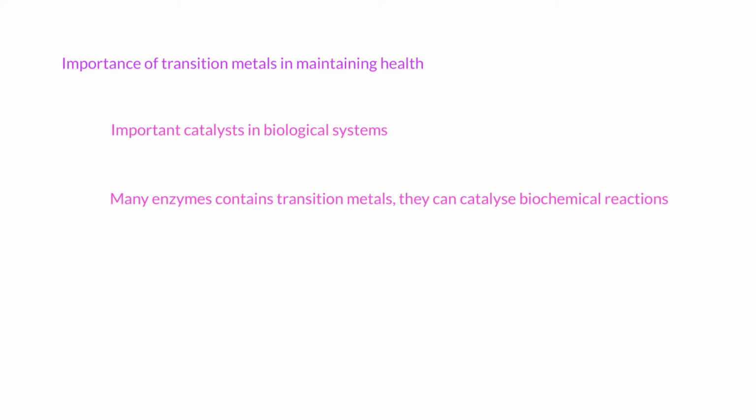Last one, we talk about the importance of trace metals in maintaining health. There are a lot of trace metals, not in large amounts, but we do need them. They are in our biological system inside our cells. The biological catalysts, we call them enzymes. These enzymes always contain trace metals, and they help to catalyze biochemical reactions. We are going to introduce two of them.